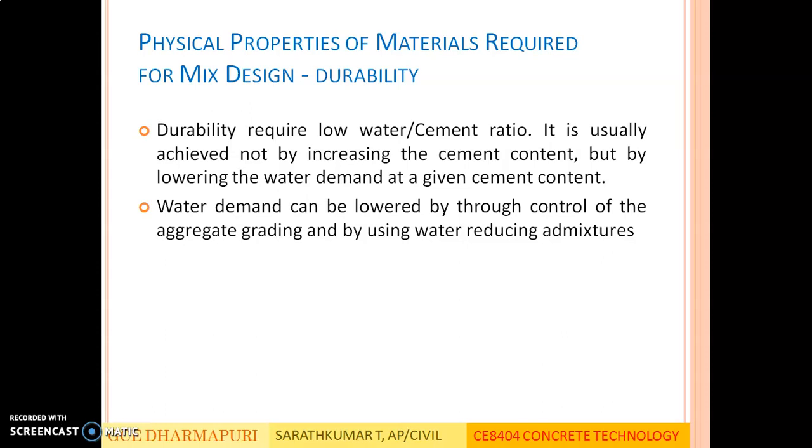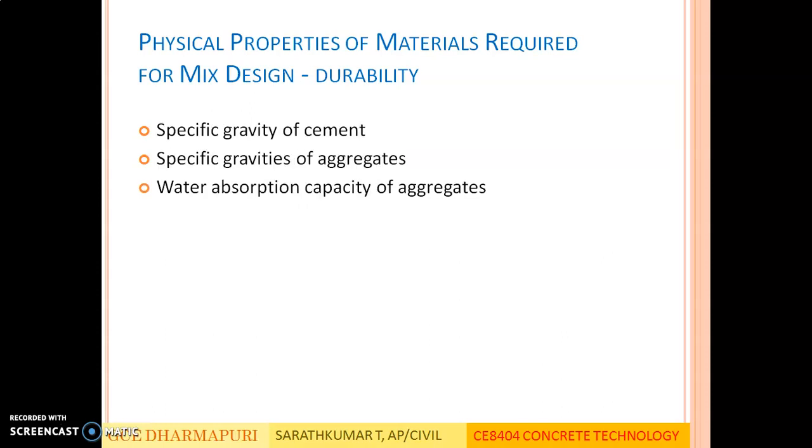But for a good concrete mix, you have to maintain the same water content. You can reduce the water required by adding plasticizers or superplasticizers. Water demand can be lowered by thorough control of the aggregate grading and by using water reducing admixtures like plasticizers and superplasticizers.